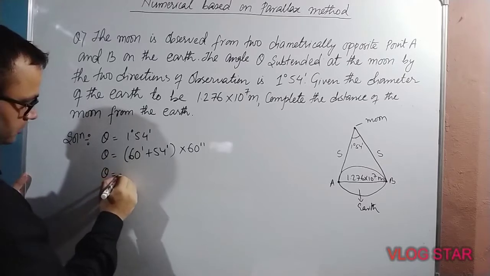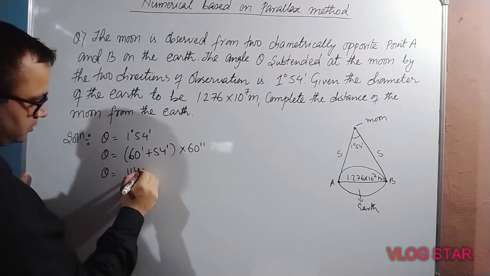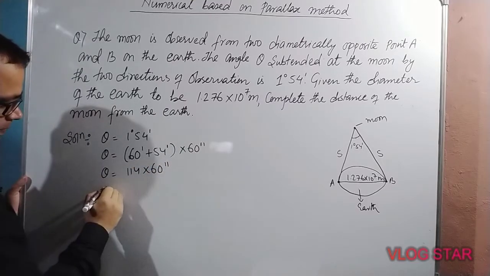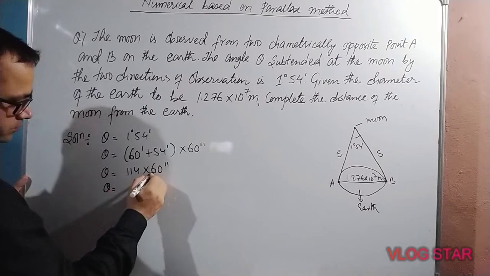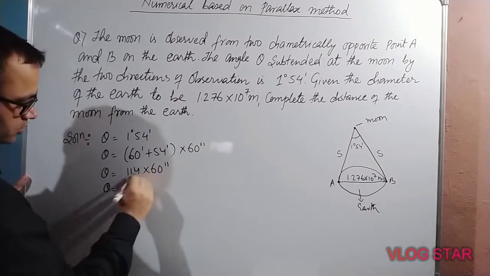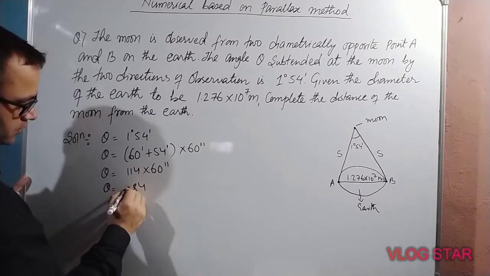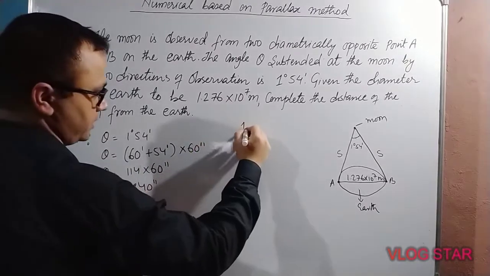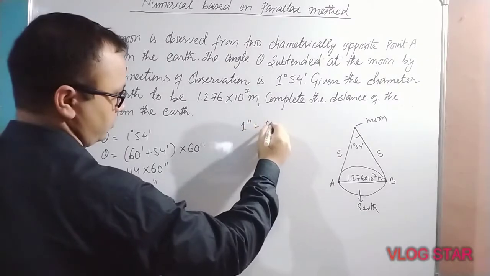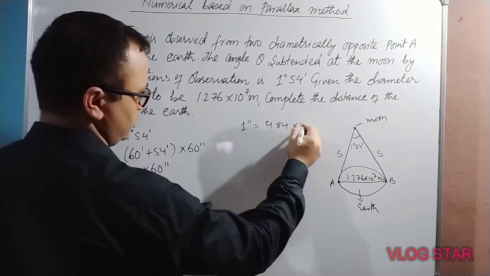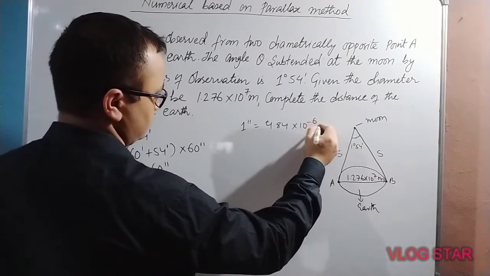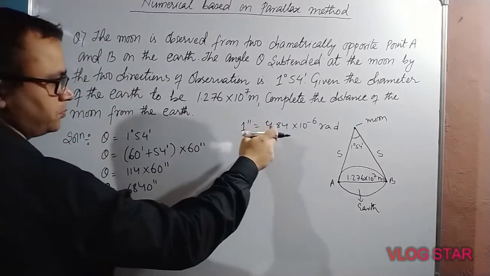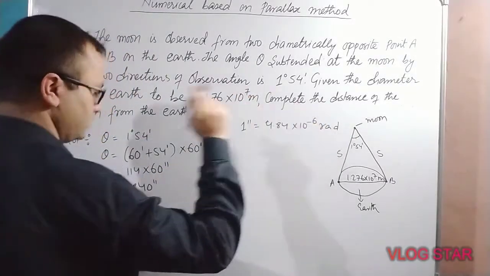So theta is 114 into 60 second, which is 6840 second. So we know that 1 second equals 4.84 into 10 to the power minus 6 radian.